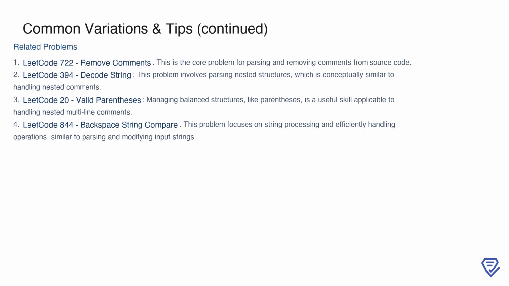LeetCode 20, valid parentheses, is another useful problem, as it deals with managing balanced structures like parentheses, which can help when thinking about nested comment handling. Finally, LeetCode 844, backspace string compare, is a great example of efficient string processing and modification, which aligns closely with the single-pass traversal techniques needed to solve the remove comments problem effectively. Practicing these problems can help you build a solid foundation for tackling parsing and processing challenges.